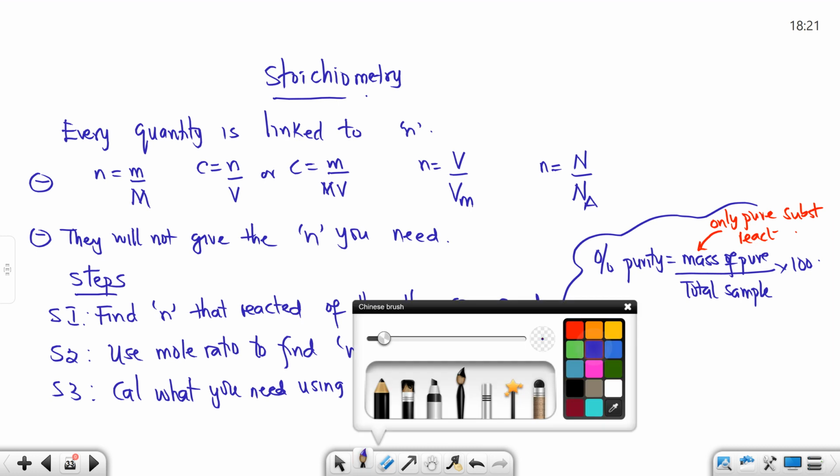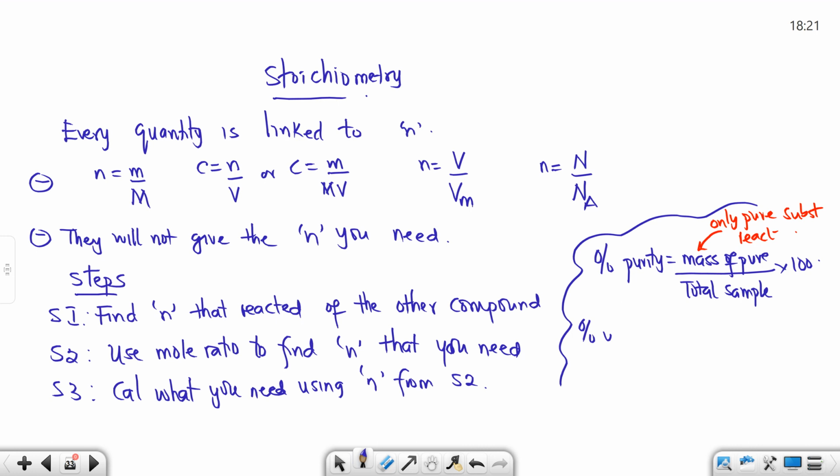Then percentage yield: actual yield over theoretical yield multiplied by 100. These are the basic calculations you need. Take a screenshot of this for those of you at home so we can just quickly get done.